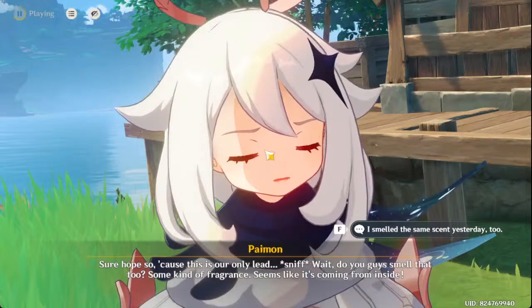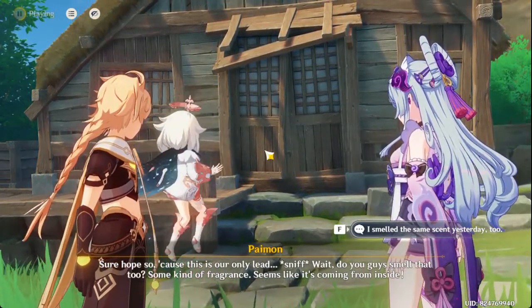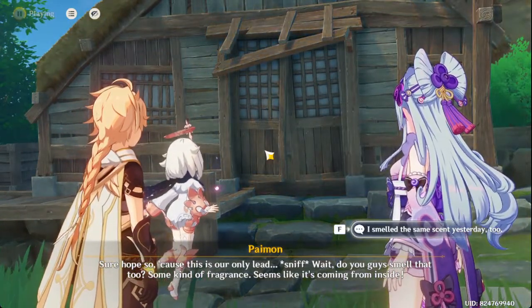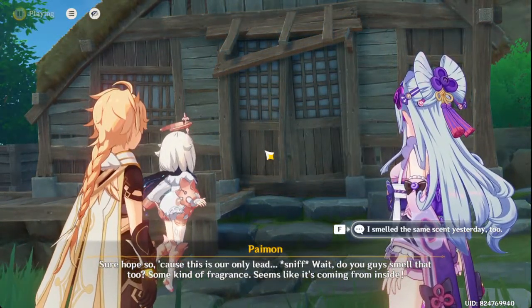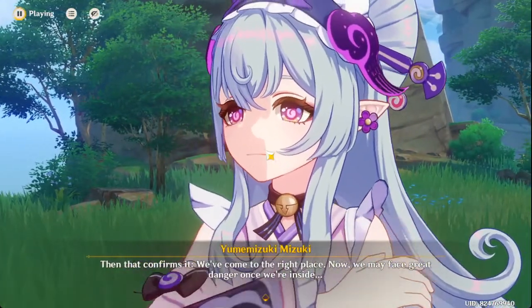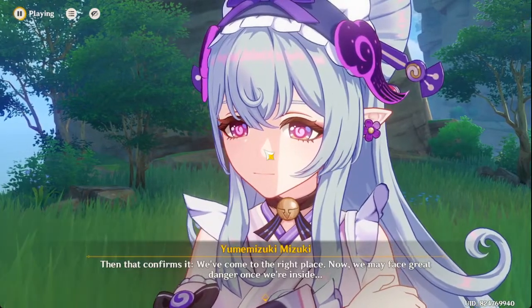Wait, do you guys smell that too? Some kind of fragrance. Seems like it's coming from inside. Then that confirms it. We've come to the right place. Now we may face great danger once we're inside.